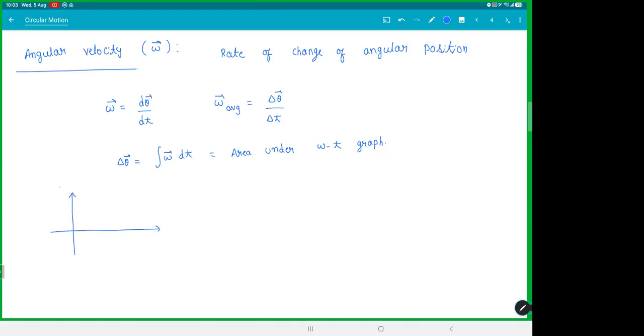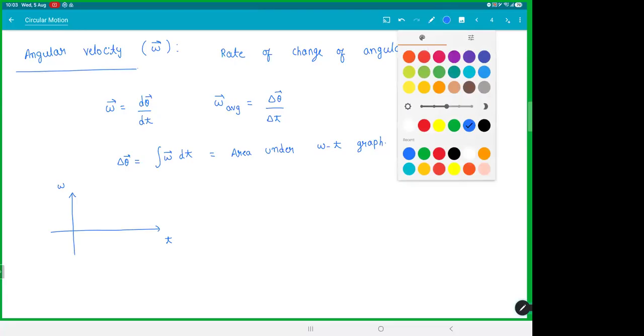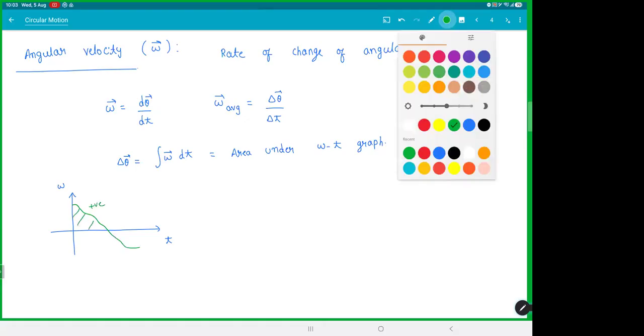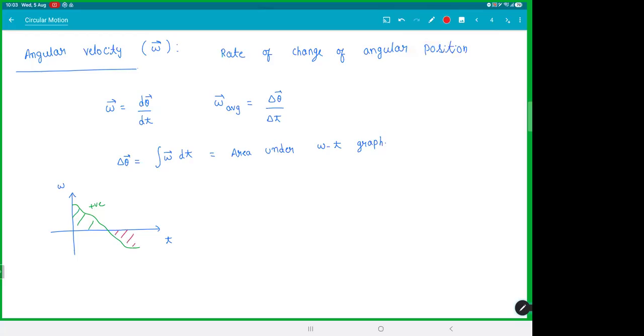Means if someone takes an omega versus time graph, this is the positive area. This is the negative area.